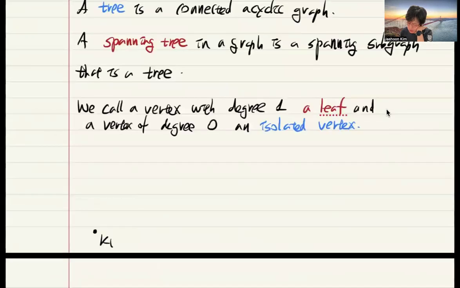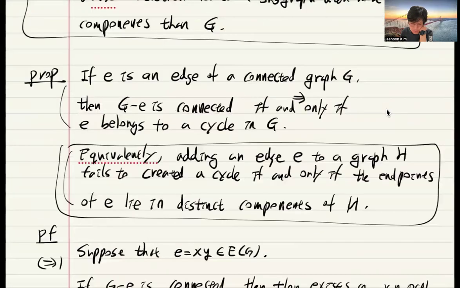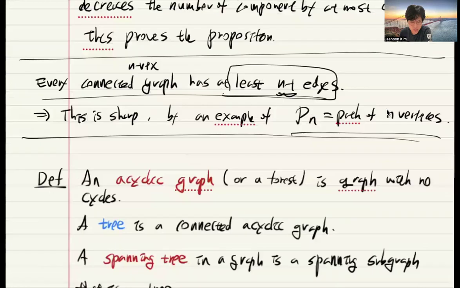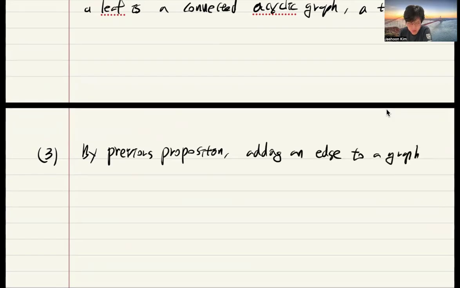By the previous proposition that we proved, that adding an edge fails to create a cycle if and only if the endpoints of E lie in distinct components of H. So if you're adding an edge to a graph, it reduces the number of components unless it creates a cycle.